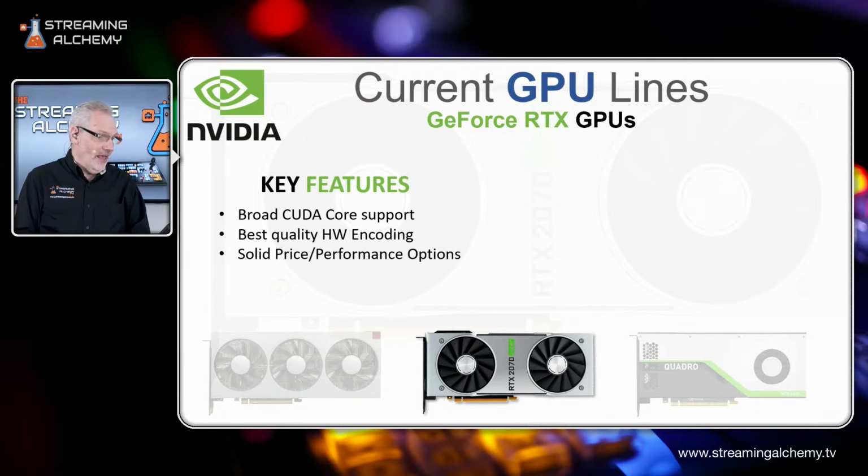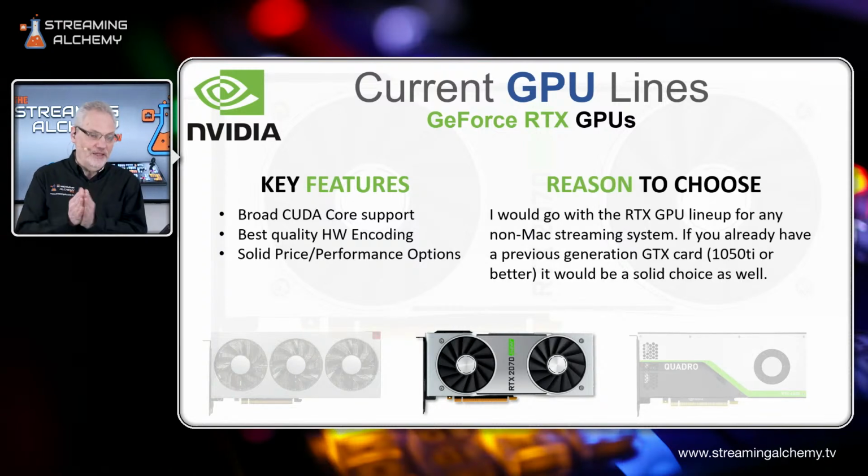And it really has a solid price performance, unlike in the Intel case where they tend to just be across the board really premium pricing. There are great options across the entire GeForce RTX lineup. And so based on whatever you do, you can find one that fits at a price point that makes sense for you business wise.